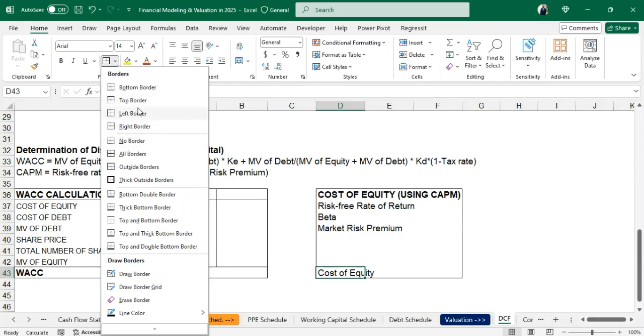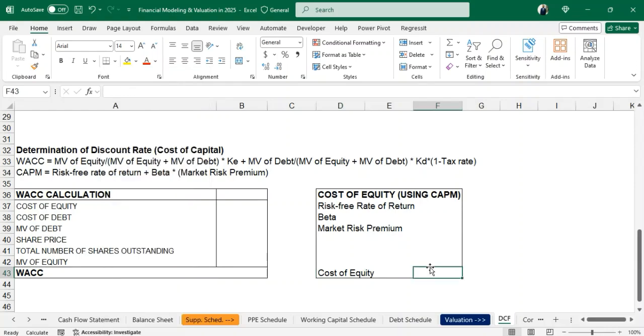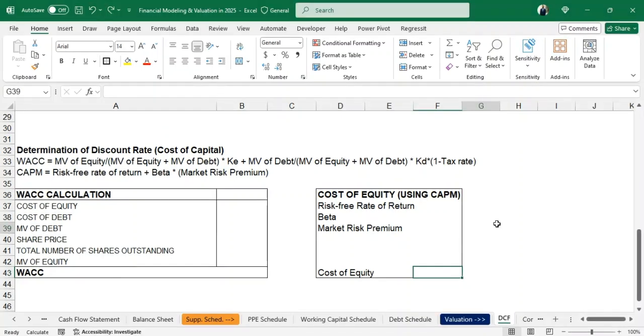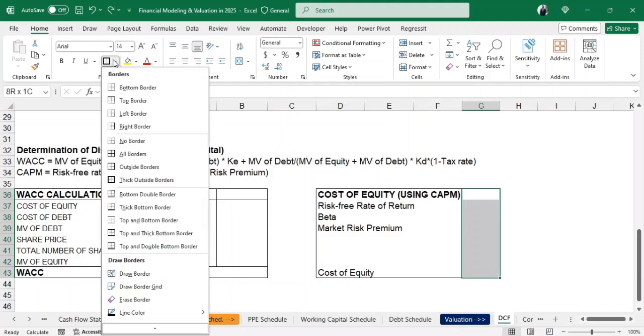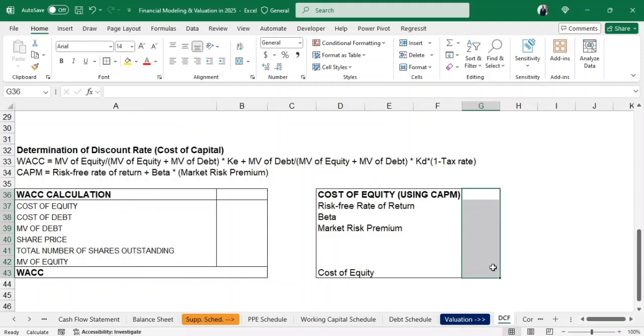My border has been erased, so let me insert. All right, then this place is going to contain the values for our calculation. So let's insert another border there outside. Okay, so now that we are done setting up everything, let's start inserting our formulas.